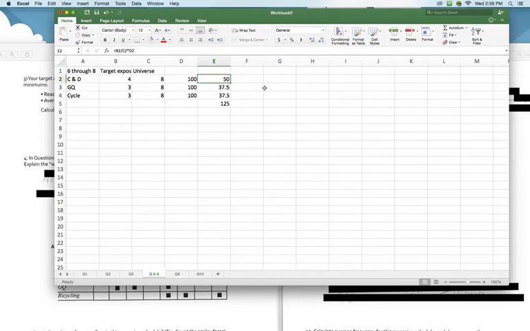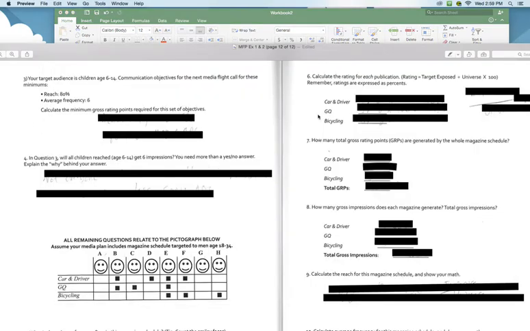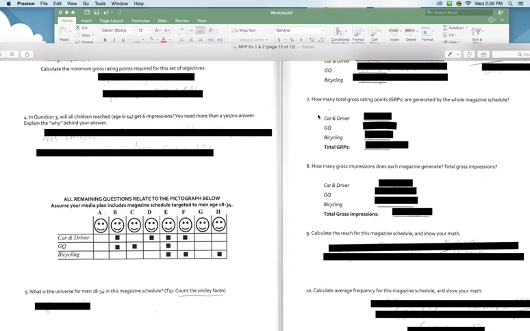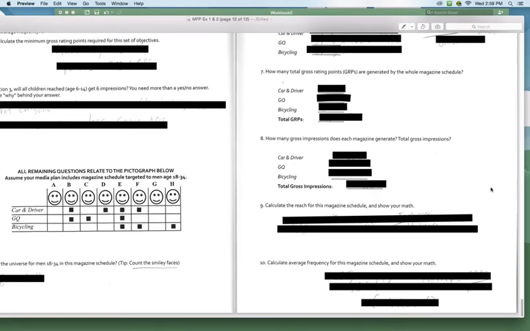Luckily, the same thing with gross impressions is very similar in that fact. So if we looked at GRPs, let's look at number 8 in terms of gross impressions. How many gross impressions does each magazine generate? When we're looking at gross impressions, again, we're only dealing with one actual opportunity, so we're not dealing with multiple opportunities to complicate this formula any further than it needs to be, which will come eventually.